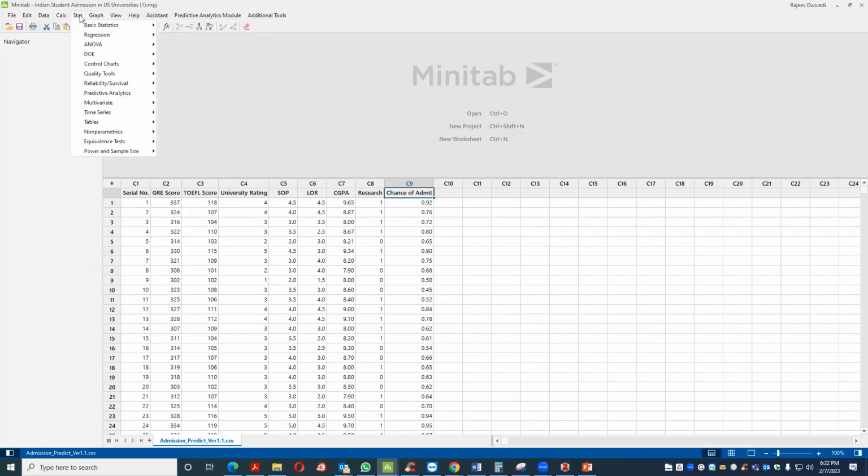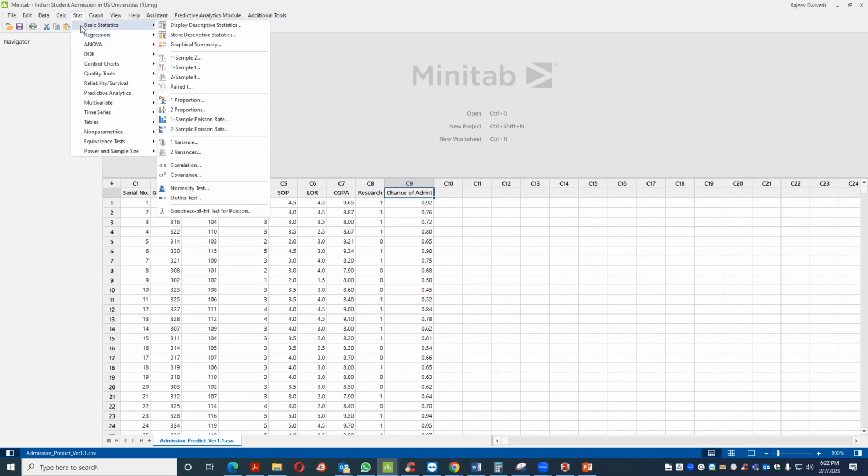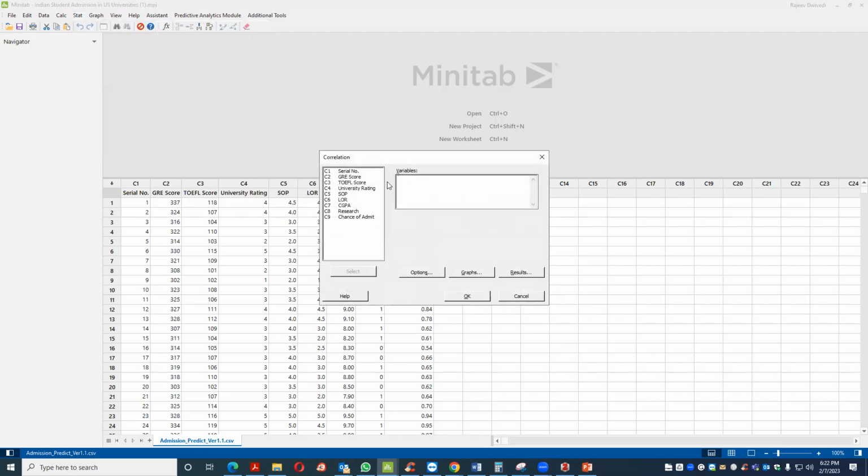Before running, let me do the correlation. So here we have correlation, and let me run the correlation. Let me do all in one time.